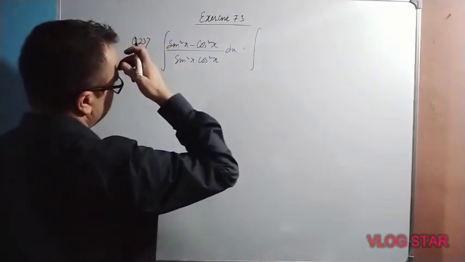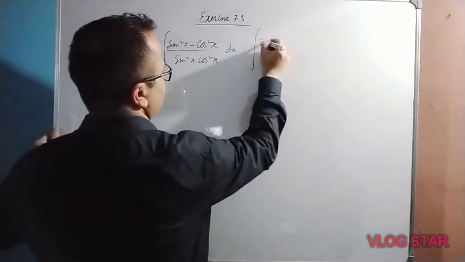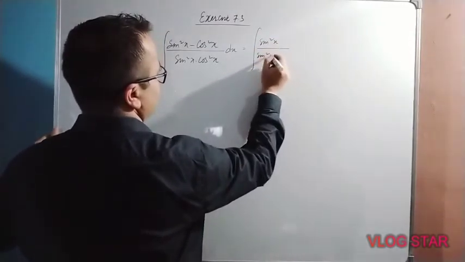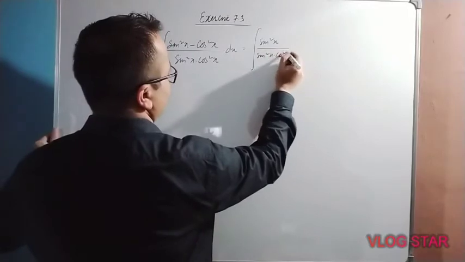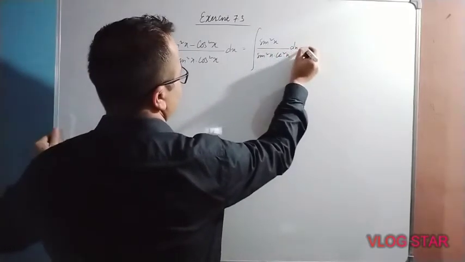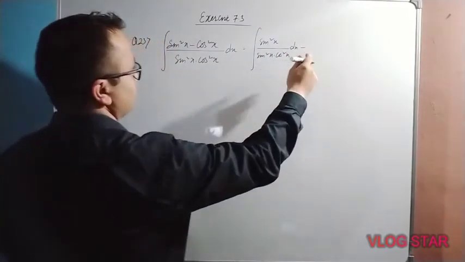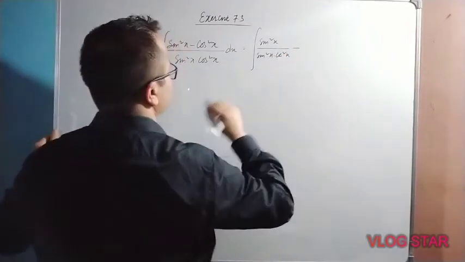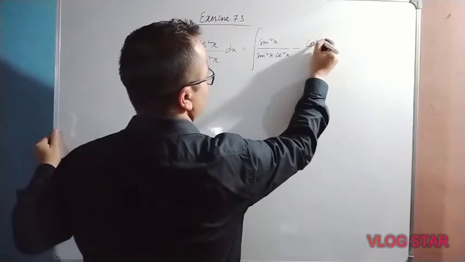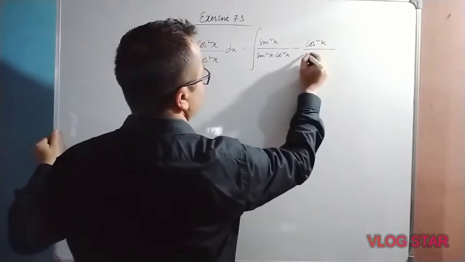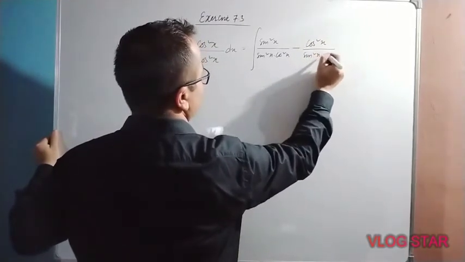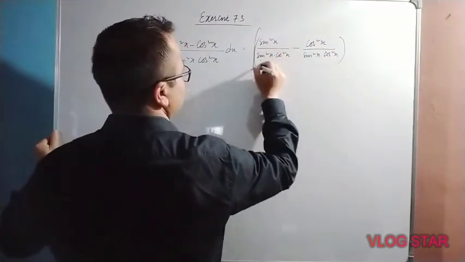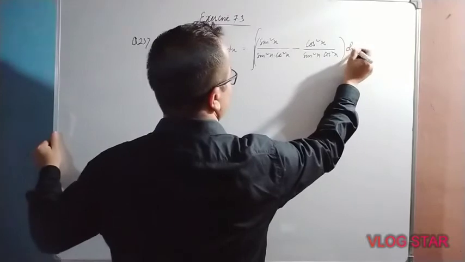First we have to separate: sin square x by sin square x into cos square x dx, minus cos square x by sin square x into cos square x dx.